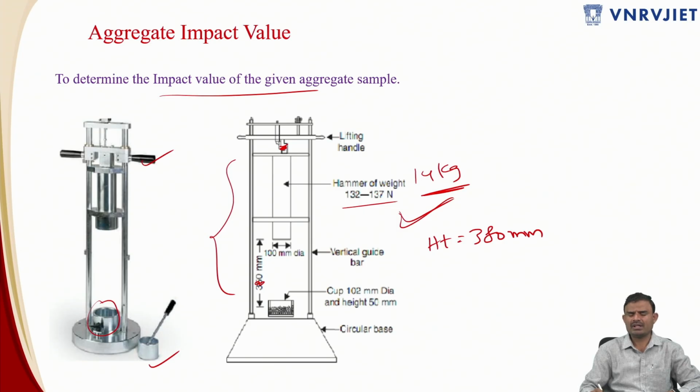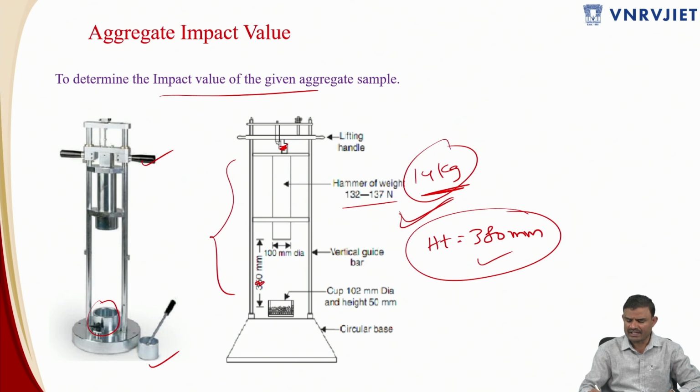So in order to simulate field conditions, a hammer weight of 14 kg and a height of fall of 380 mm have been selected. The height is chosen to generate the amount of energy, in joules, applied onto the aggregate.